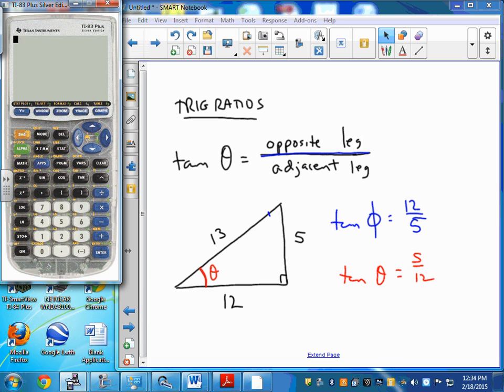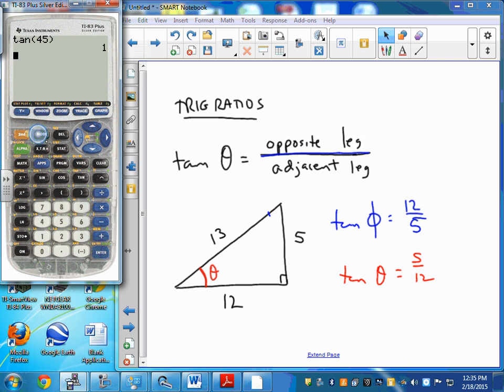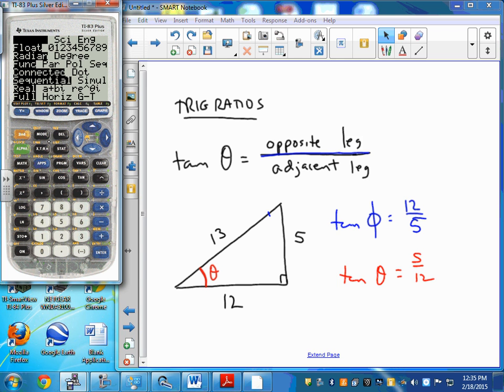And a good check is if you just hit tangent and you hit 45 and enter. If it comes up 1, then you're in the correct mode. If it comes up something other than 1, you're going to have to figure out where your mode is. For example, if this were in radian mode and I tried the tangent of 45, I don't get 1. I get this strange 1.619.